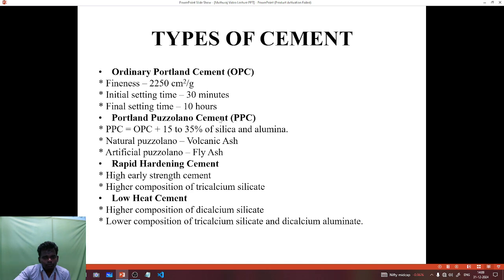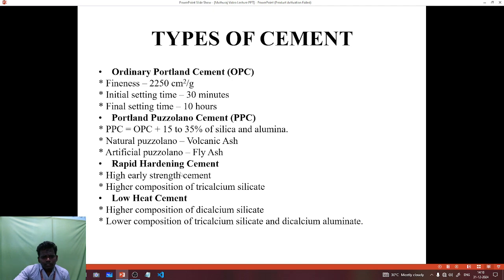Portland Pozzolana cement, abbreviated as PPC: OPC with 15 to 35% of silica and alumina added is called Portland Pozzolana cement. The silica and alumina source is sometimes called fly ash too. If the OPC is added with volcanic ash, it is called natural pozzolana. If it is added with fly ash, it is called artificial pozzolana.